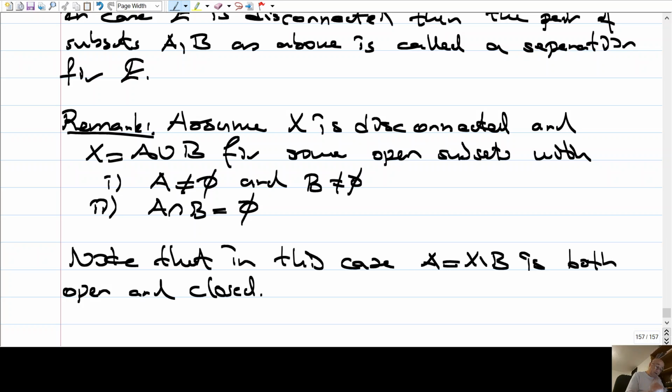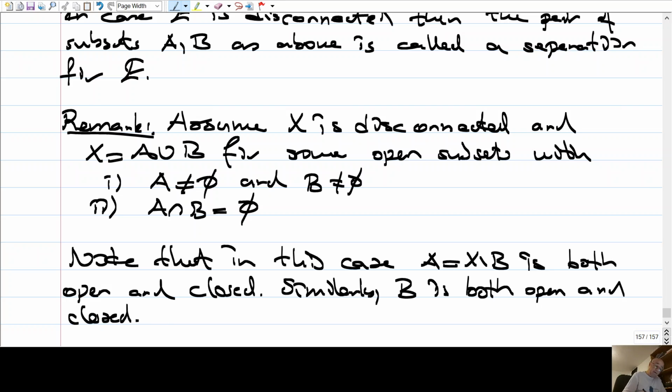Therefore, if X is disconnected and I can write X like this, satisfying these two conditions, then A should be both open and closed. Similarly, B is both open and closed.